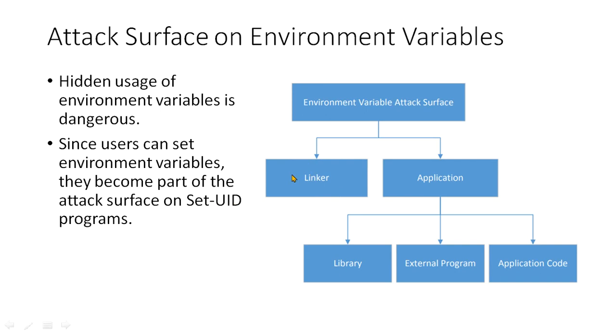So if we have different modules of a program, we want to link them together to make one binary executable program, then we have to use the linker. This is one way to attack the program, because when the linker runs, it has to look for libraries and different components of the program, and in order to know where those components are, it has to look at the environment variables.